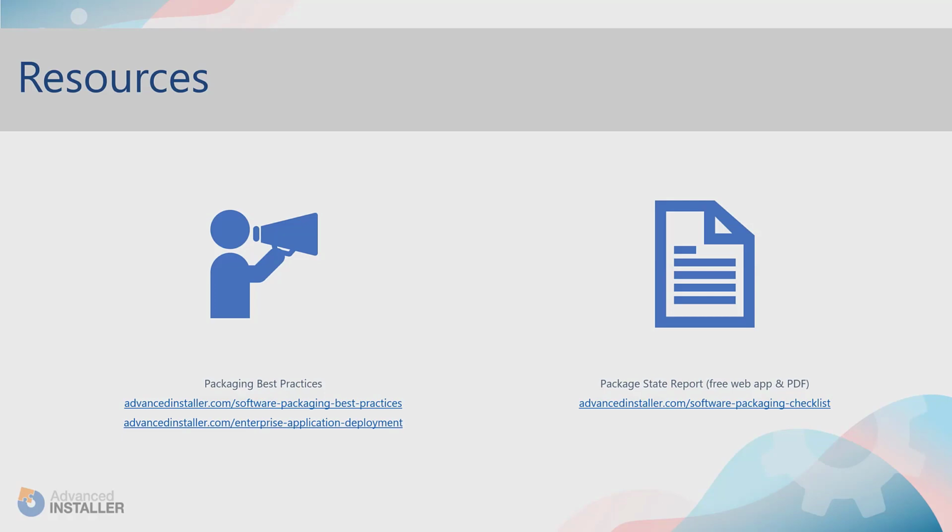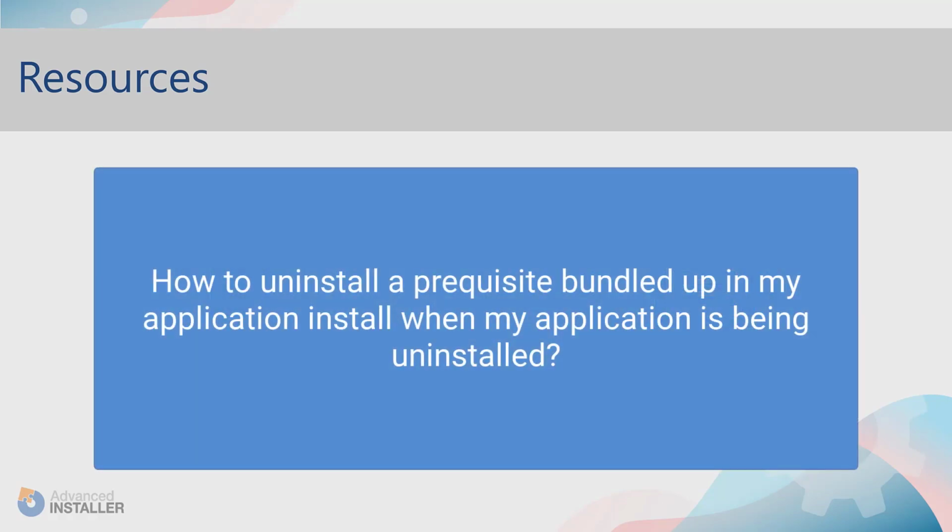A new question from James: how to uninstall a prerequisite that's bundled up in my application and installed when the application is being uninstalled? That's very easy, James. So once you add the prerequisite in the prerequisites page, you have the option to define an uninstall command line. That option goes for feature-based or post-install prerequisites. And you can basically go to the prerequisites page and select the prerequisite, or all of them if you have multiple.